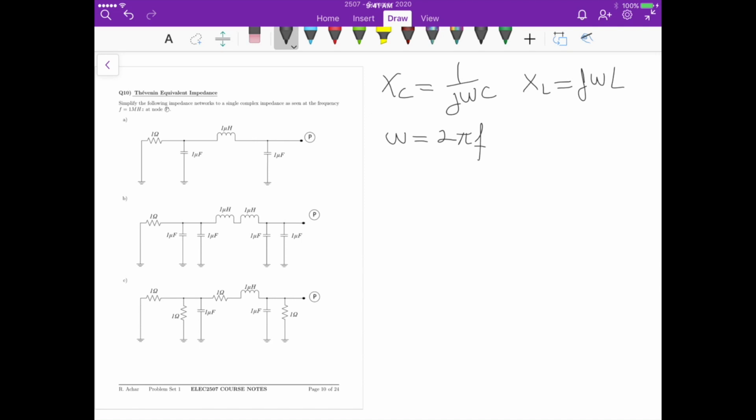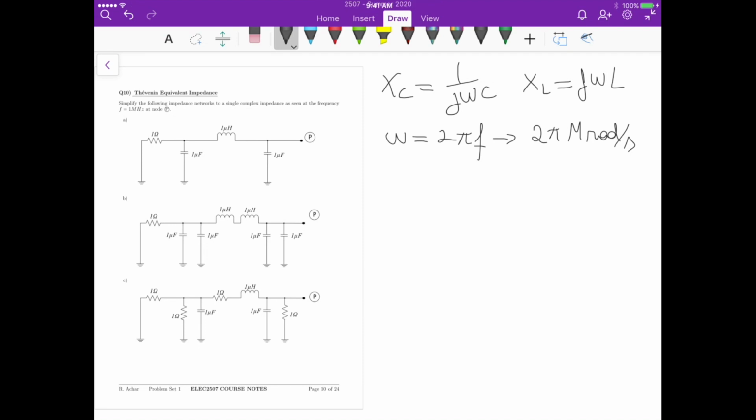And in our case, because we have 1 megahertz, that's going to be 2 pi mega radians per second, okay?